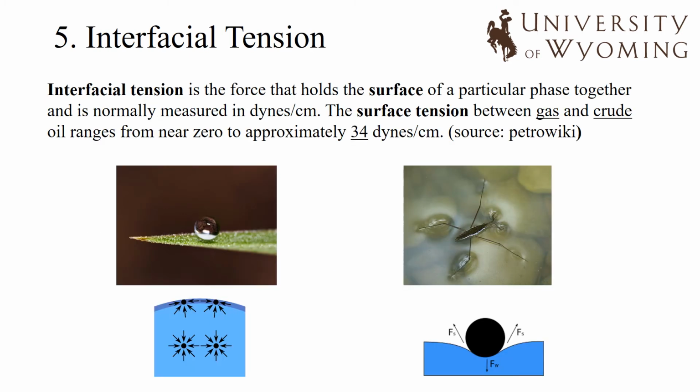So interfacial tension is generally the force that holds the surface of a particular phase together, and is generally measured in force units per length units. And as you know, if we have any particle or molecule of water in a water phase, it's facing the same attraction and repulsion forces from all over, in all the directions.